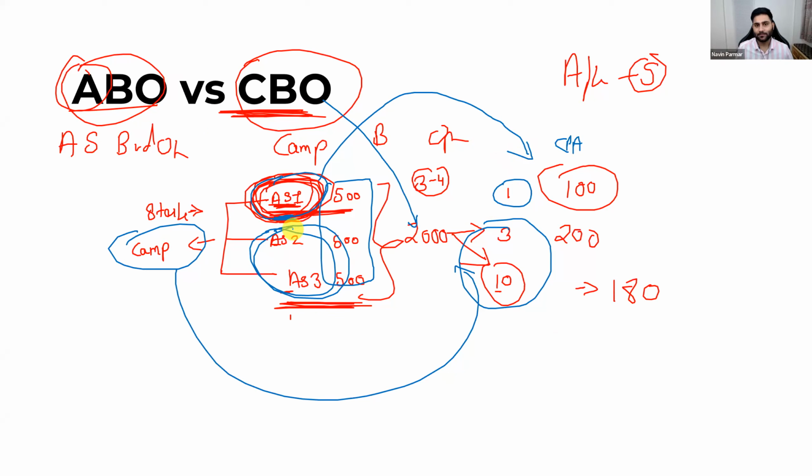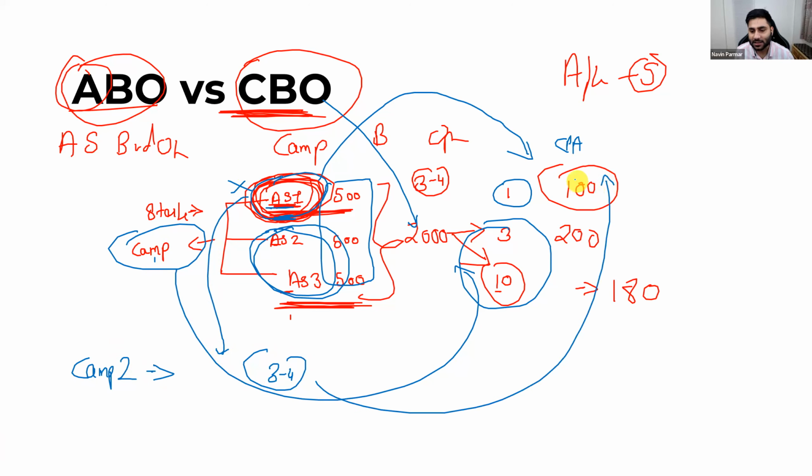So what we do, we pause this. Anyway it is not getting impressions. We pause this in this campaign and launch a new campaign, which can be your campaign 2. In that you launch the same ad set and run it for 3 to 4 days and see if you are getting similar CPA results or not.